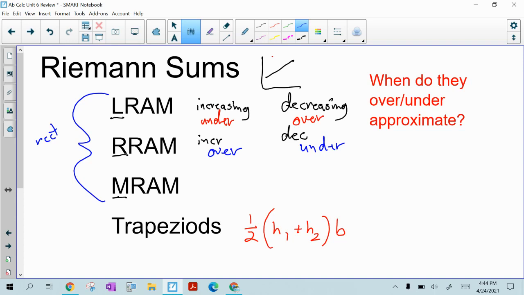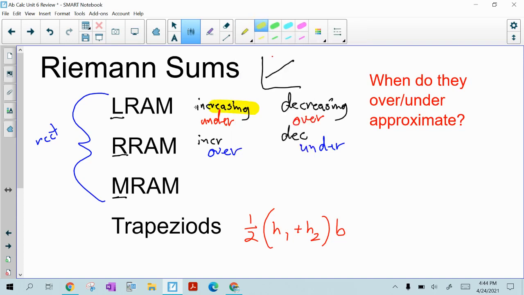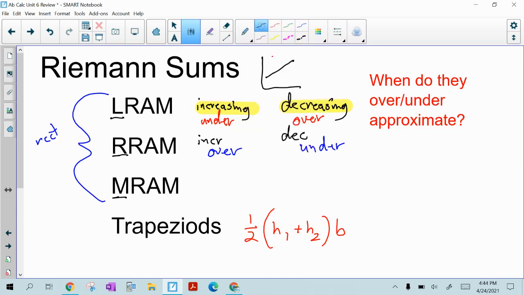But with the trapezoidal, we're not as interested in whether something is increasing or decreasing as we are concerned about concavity. Is it concave up or concave down? Take a look, I've got a concave up here and a concave down here. Actually, let's just draw them both as increasing functions, and you'll get a chance to see.